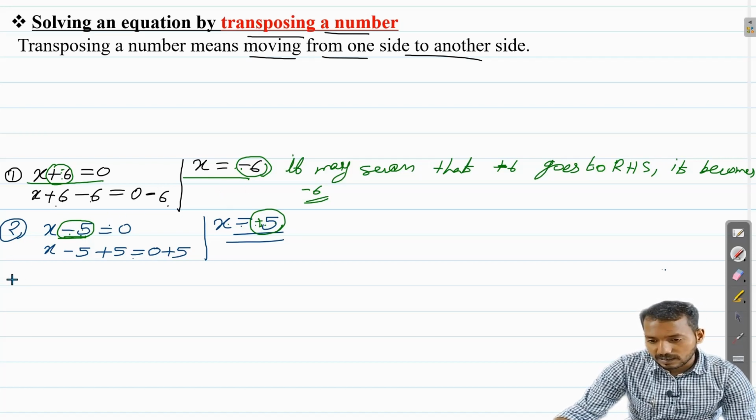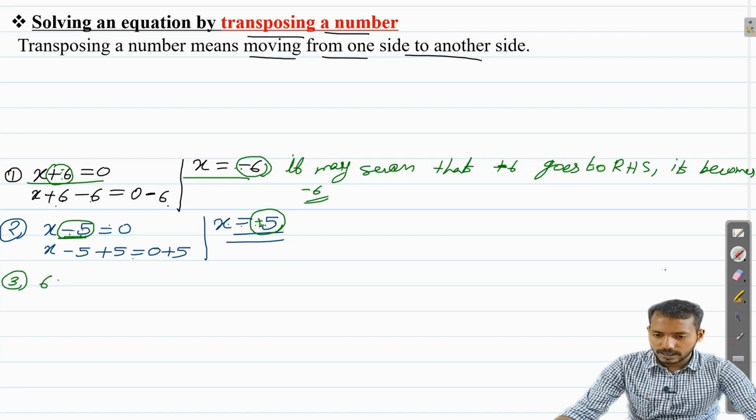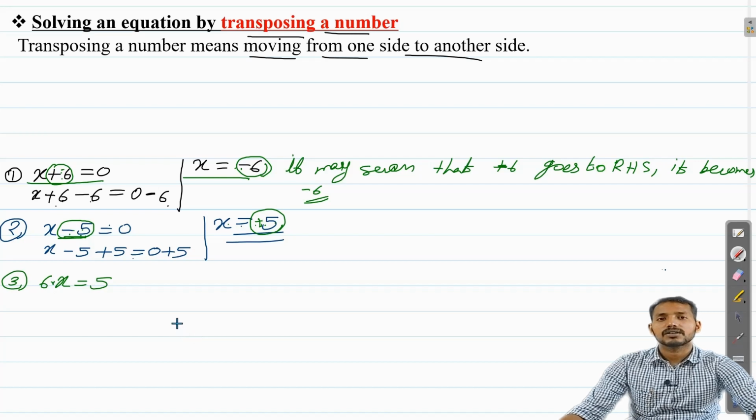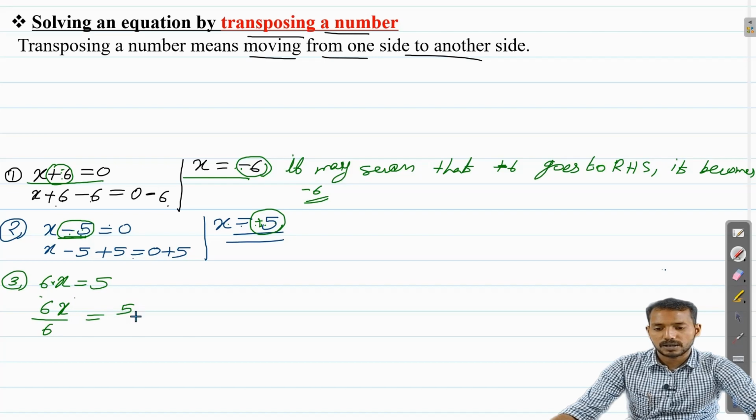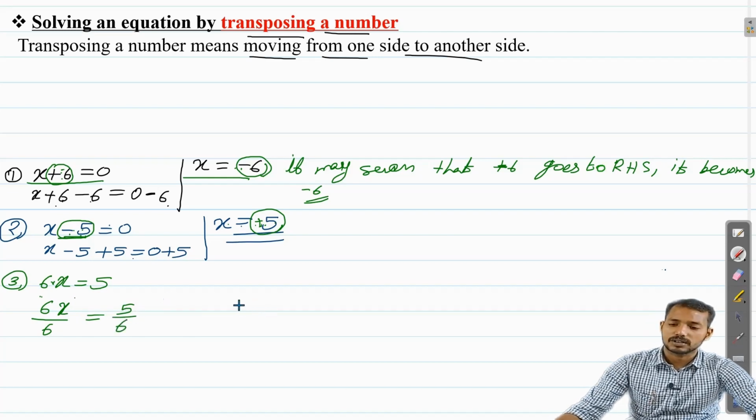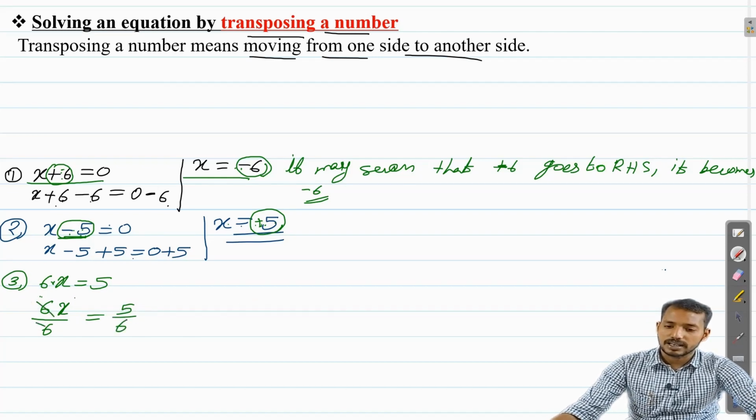Now come to the third condition, that is 6x is equal to 5. Here 6 into x. So in this case, I am going to divide by 6 on both sides. So 6x divided by 6 is equal to 5 by 6. This is the usual way of solving. Now 6 is eliminated, so x is equal to 5 divided by 6.